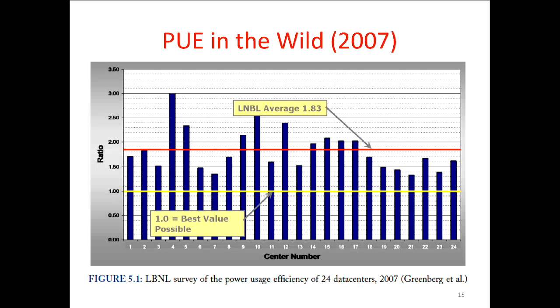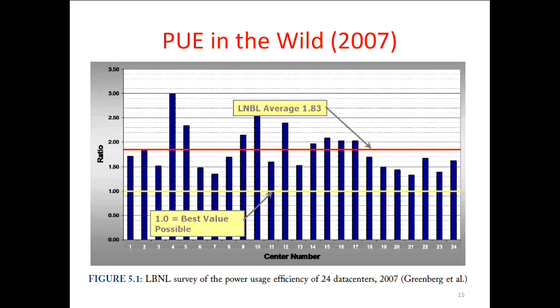So here is the graph for the PUE of data centers in the world. As you can see, some data centers are efficient, but something like this is very inefficient. It's roughly 3, right?